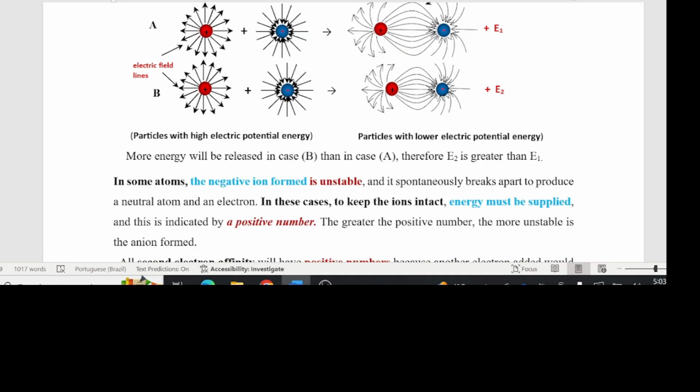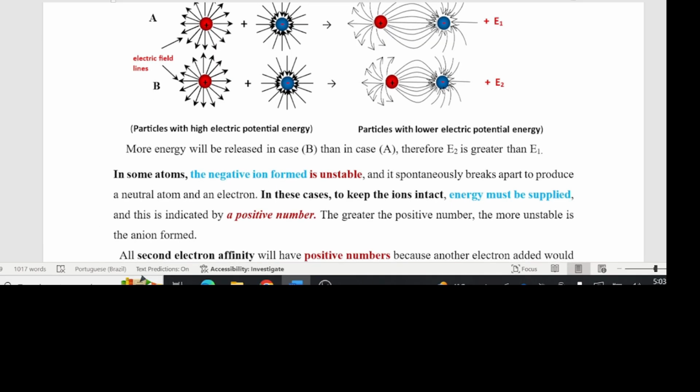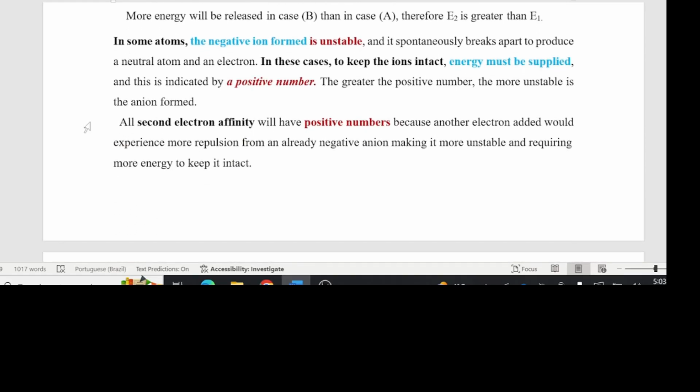The greater the positive number, the more unstable is the anion formed. So if you add an electron to an atom, and the ion form is unstable, we need to use energy to keep that there. So the more energy you need to keep that electron, the more unstable the anion form is.